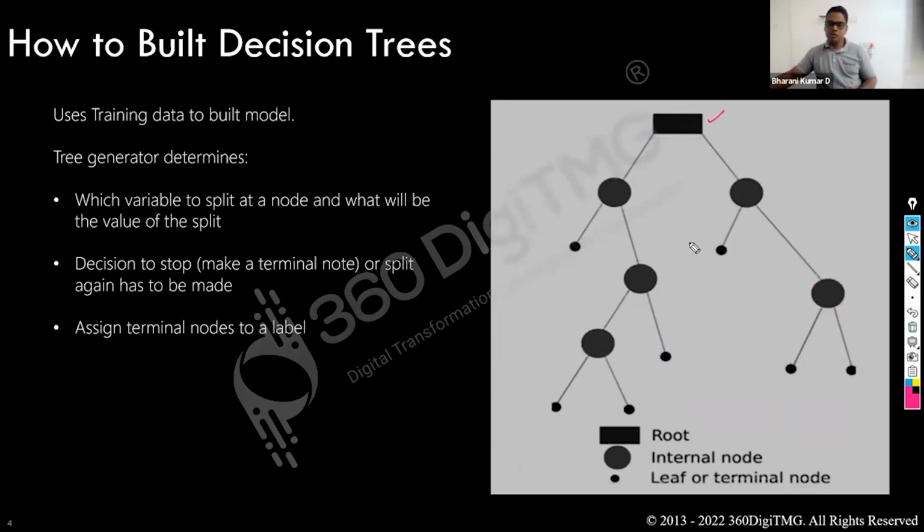The first node is called the root node. These nodes, which you see here, are called internal nodes or intermediate nodes. And then you have the final set of nodes, which are called leaf nodes or terminal nodes.